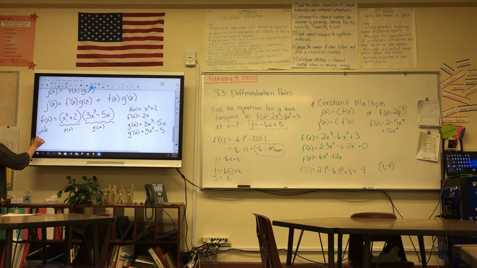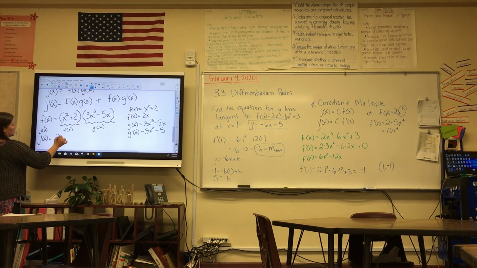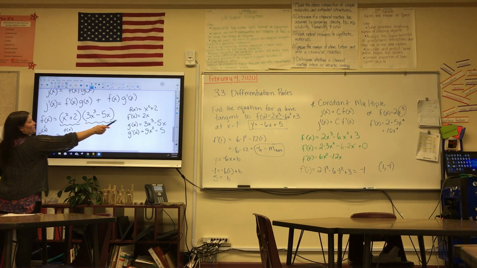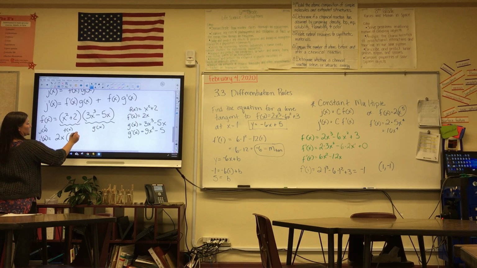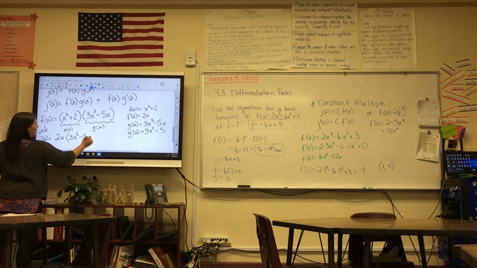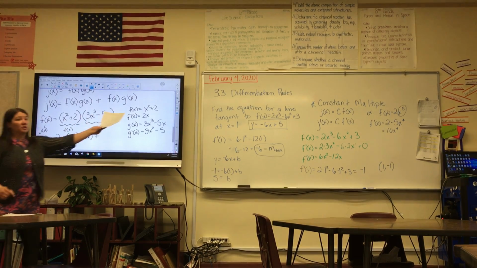Great. So now I can put them in my formula. The derivative is the derivative of the first one, so 2x, times just my regular old g of x, so 3x squared minus 5x, plus my original f of x.